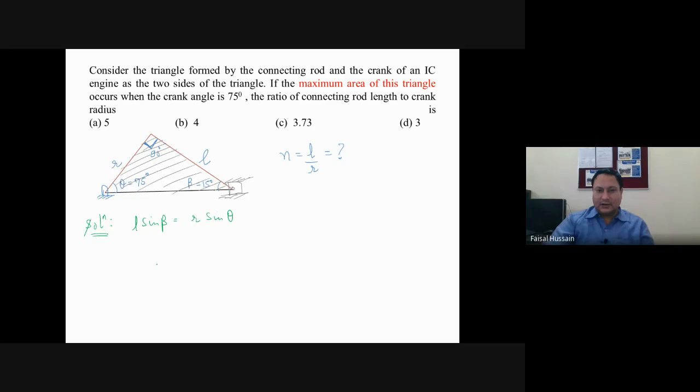If we follow this rule, beta is 15 degree, and theta is 75 degree. So L by R will be sine 75 degree upon sine 15 degree. So the ratio is 3.73. So this is the answer, option C.